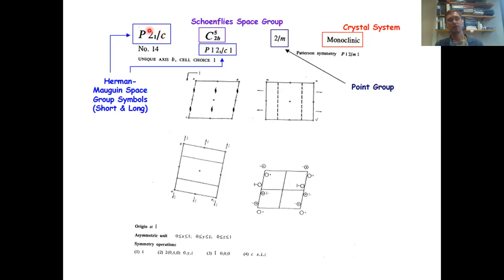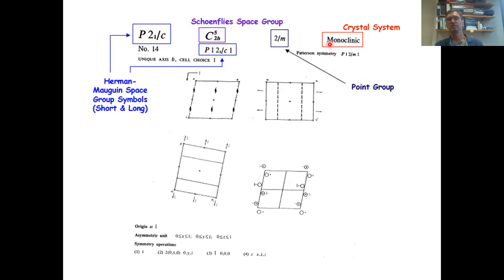If we take out the translation from the 2-1 screw axis, then it just becomes a twofold axis. And when we take out the translation from the symmetry element C, then the C glide plane becomes a regular mirror plane. Hence the point group symbol 2 over m in the Hermann-Mauguin formalism.